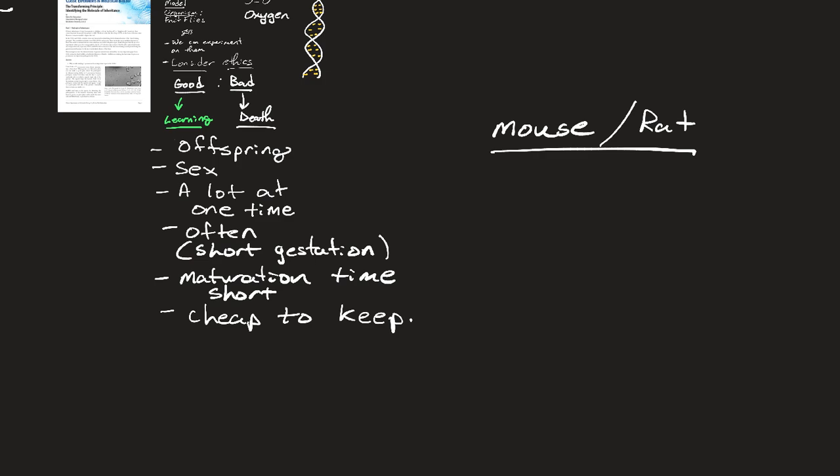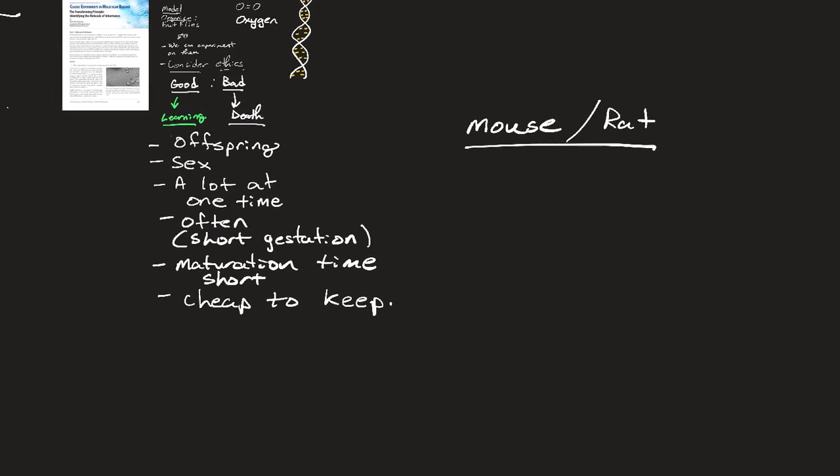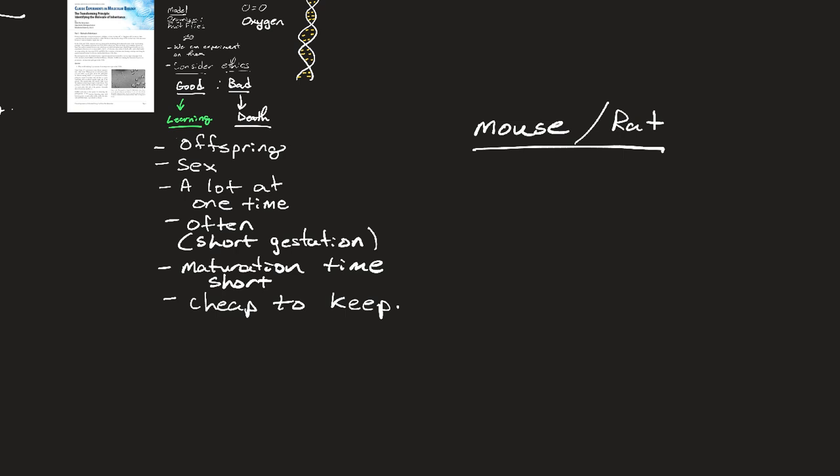So I'm not trying to sell you on a rat because we don't have rats anymore because they die every 4 years. Their lifespan is 4 years. By the way, lifespan, that's another one. Lifespan is short. So you can see a lot of generations in a short period of time. If we wanted to look at things being inherited in humans, we'd have to wait hundreds of years, right?